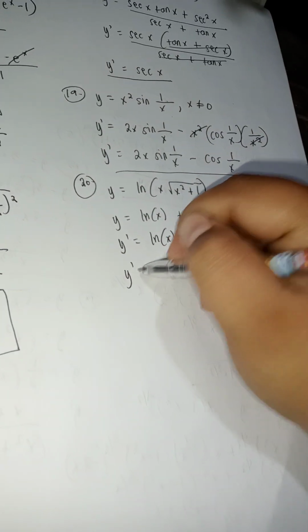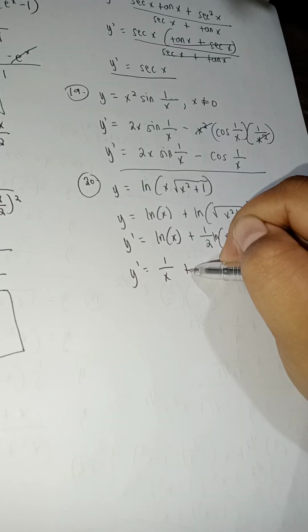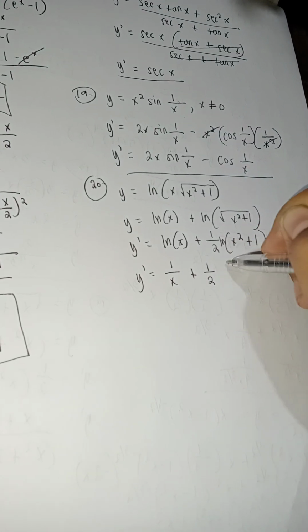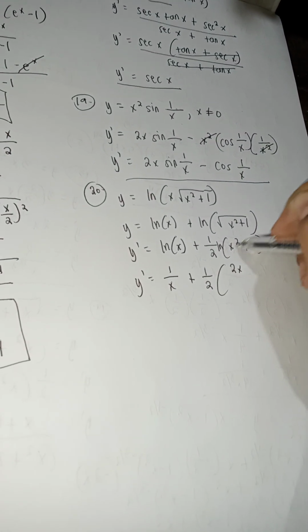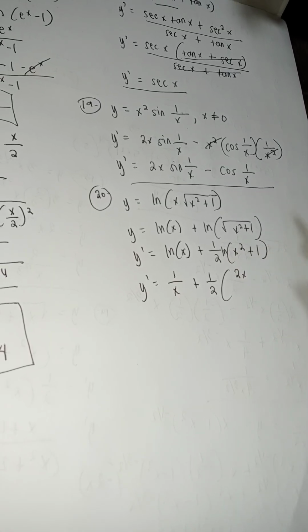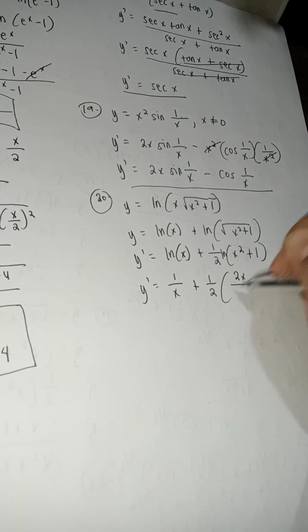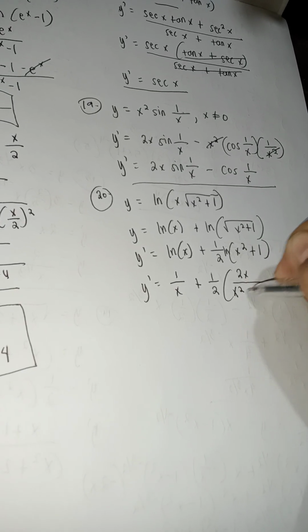So the equivalent of ln x is 1 over x, plus 1/2 times the 2x from this. Since the formula of ln is u prime over u, it is 2x over x squared plus 1.